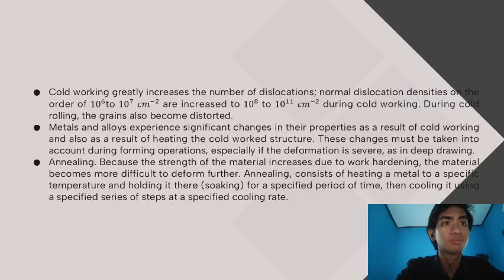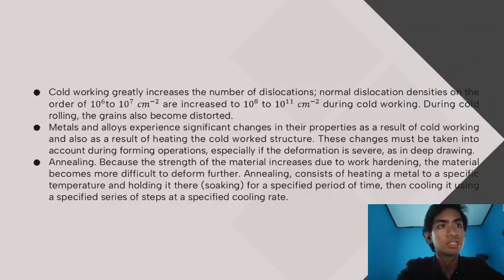Metals and alloys can significantly change their properties as a result of cold working and also as a result of heating the cold worked structure. This change must be taken into account during forming operations, especially if the deformation is severe, as in deep drawing, for example. As a metal is deformed by cold working, the strength increases and the ductility decreases.